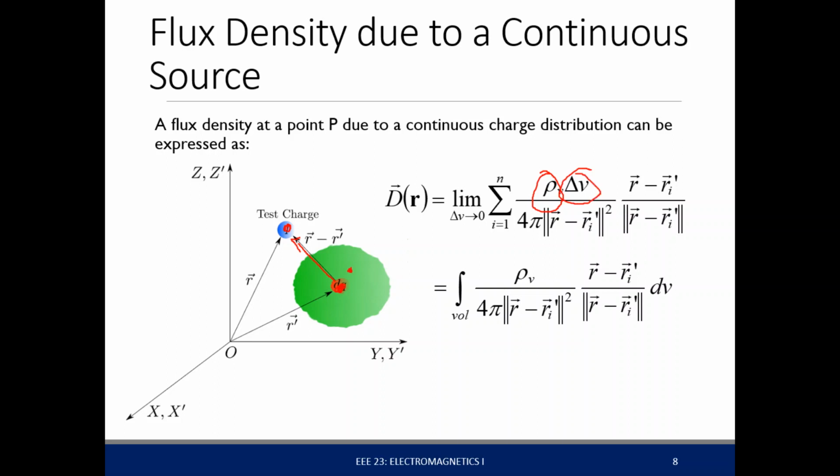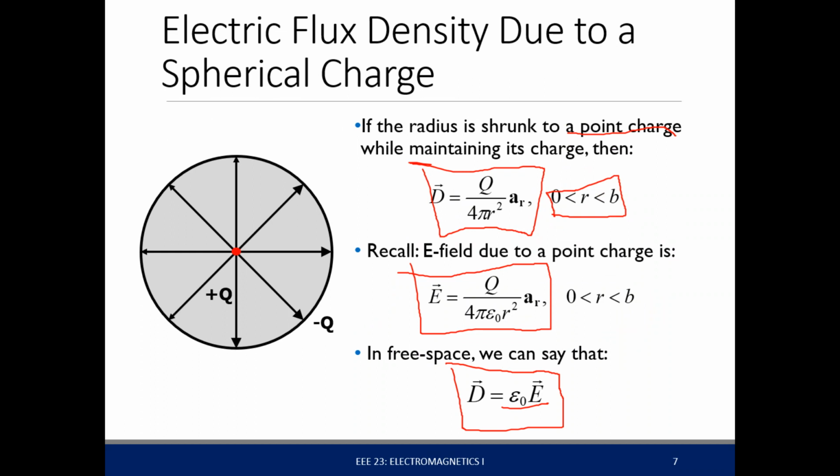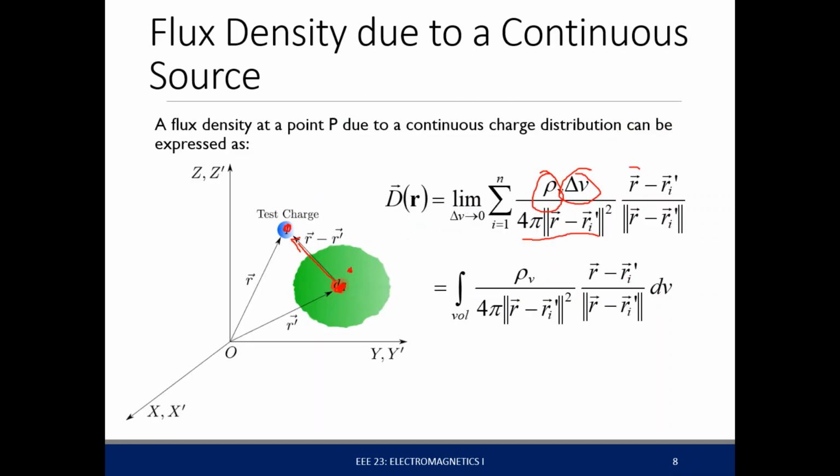That's the total charge on this point. And just use the formula right here. This formula came from this right here. This is a_R hat. This is your distance squared. So epsilon naught is not present. When you take the limit of your delta V approaching 0, you'll end up with an integral function.